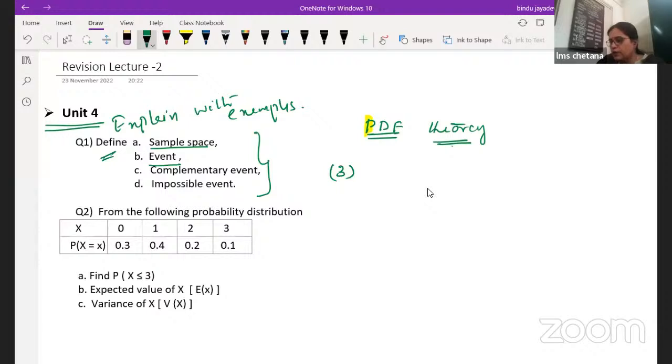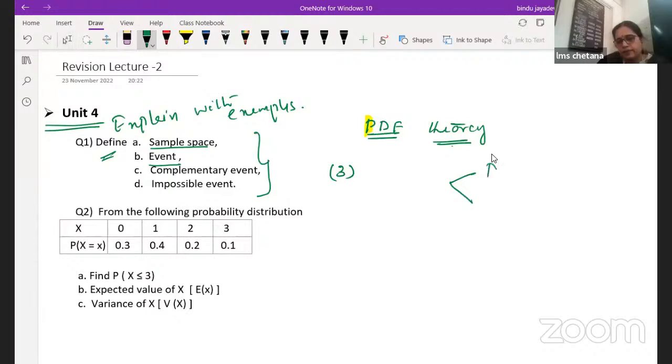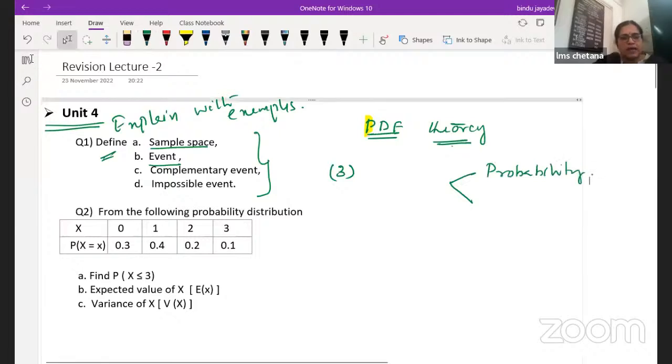Yes, can I continue now? Okay, now we will do this question. This is random variable, because in unit 4 there are 2 divisions, and one is probability, with lots of questions. I can just show you the question pattern.